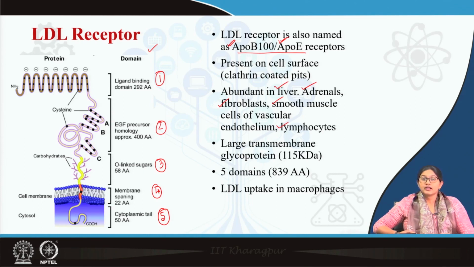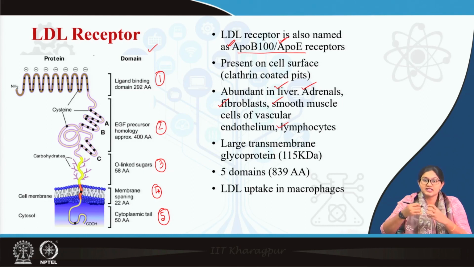Okay. So, after that the second domain is the EGF precursor homology domain. EGF is epidermal growth factor. By the name it is evident that this domain has sequence or structural homology with the epidermal growth factor. Now, this domain is important for expulsion of the attached LDL inside the cell.